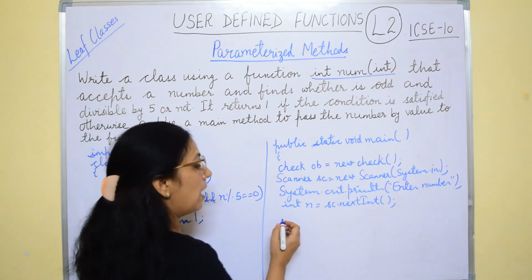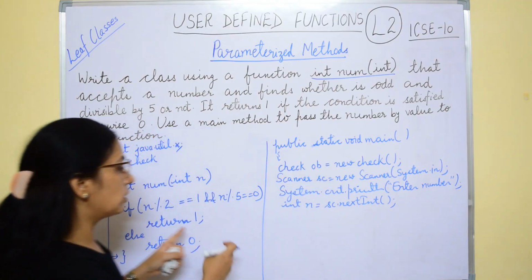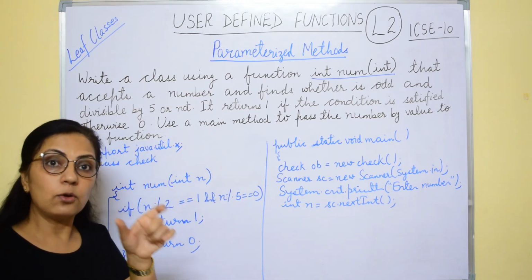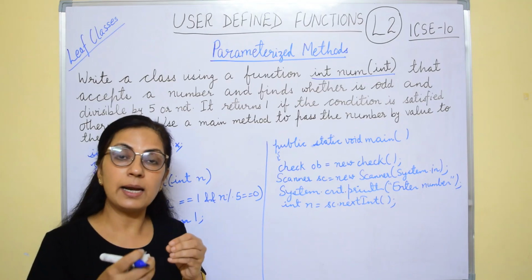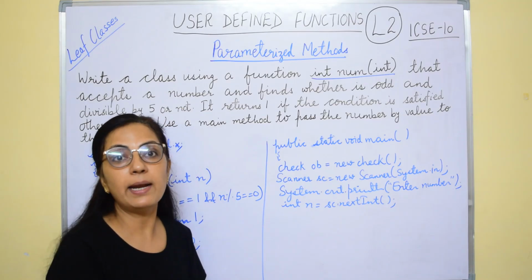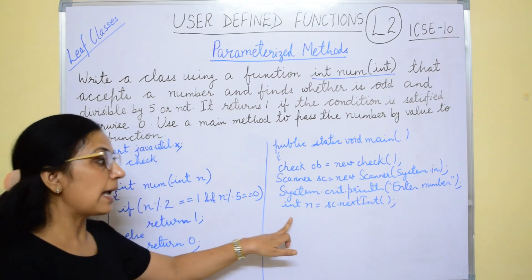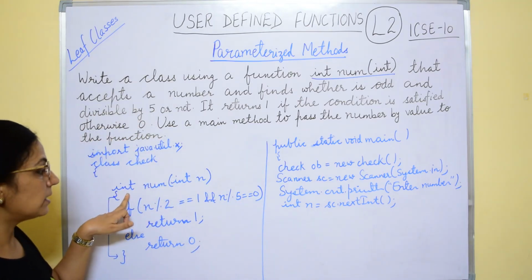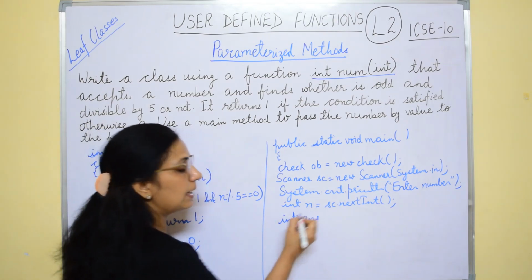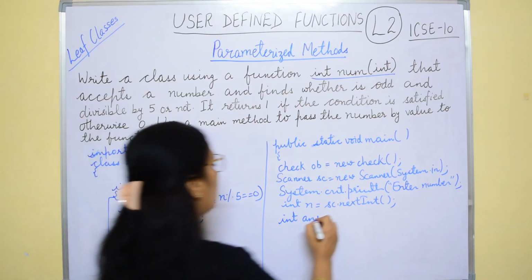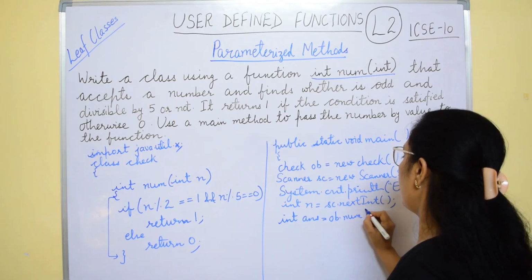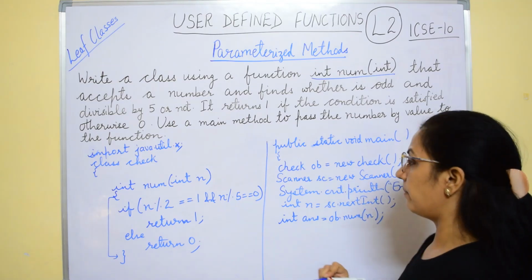You want to call this function, and since it is coming with a return value, if a function returns a value, then to store that value you need a variable. Where will that value come? In a variable. Of what type? It is returning an int value. So we are using one int variable, say int ans, equals ob dot function name num, and here I pass this parameter.